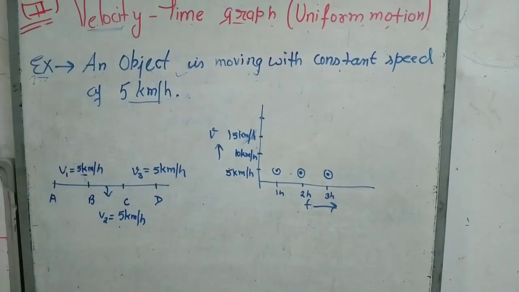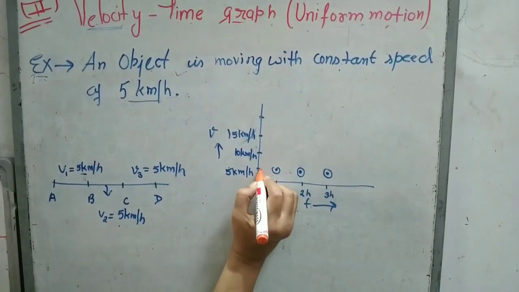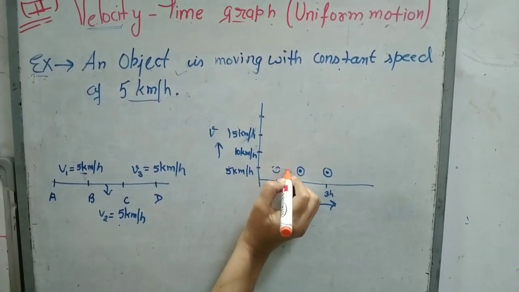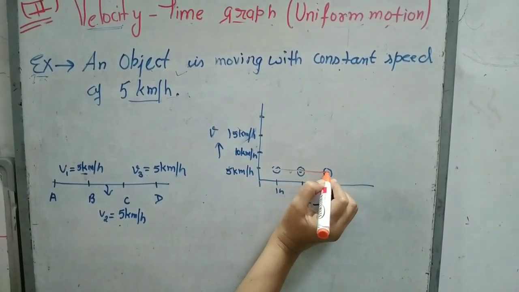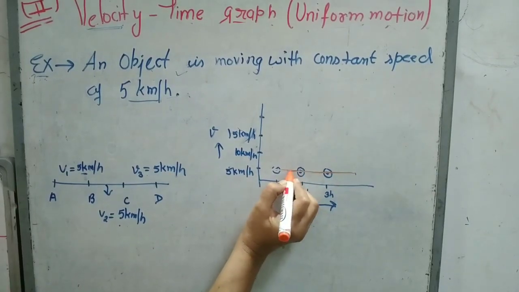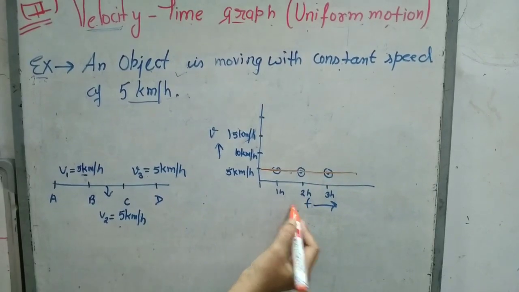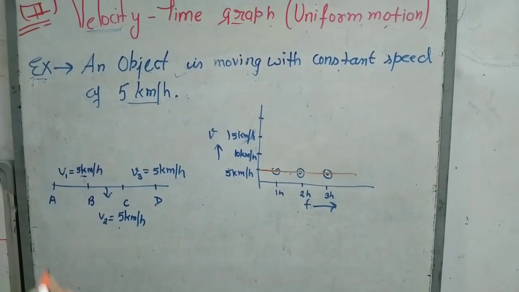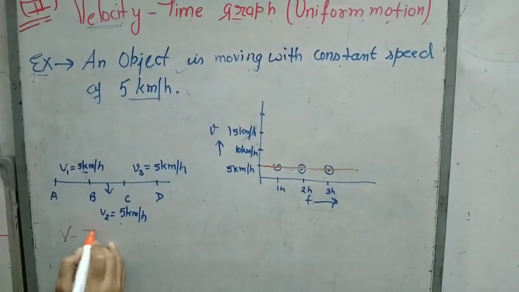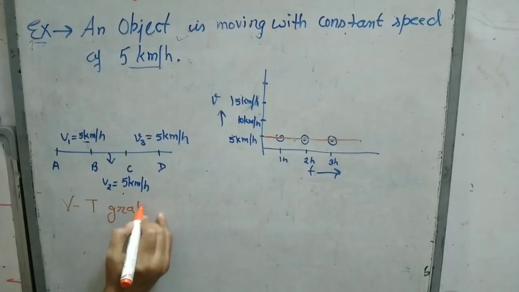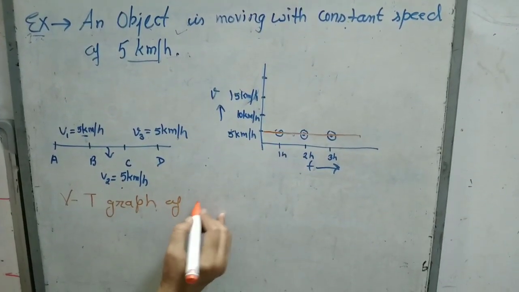Now if we join these points, we can get a graph. Joining these points, see, this is a line. Now we can see this line is parallel to the time axis. Why? Because velocity is constant, same as the position time graph.